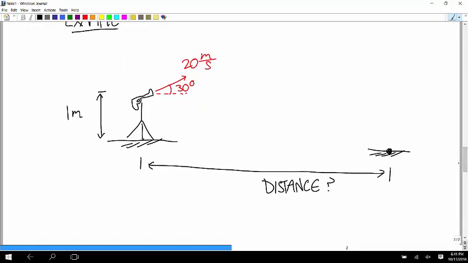All right, so put the origin, you can put it where you want. I'm going to put it on the ground underneath where it's shot from. Time equals 0 is the instant that it's shot. Time final is when it hits the ground.